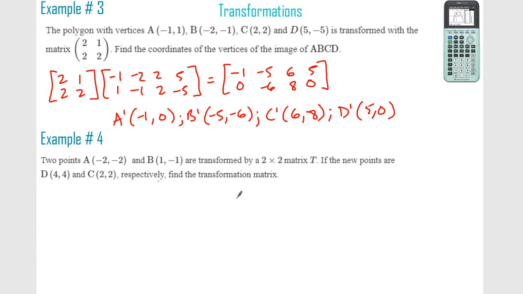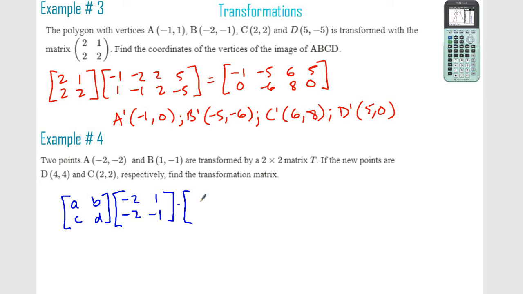All right, so now how do we go the other direction, right? That's an example 4. So we're going to go in the opposite direction. So we know that we've got a transformation matrix. So let's see, A, B, C, D. And we're going to multiply it by our points, -2, -2, 1, -1.